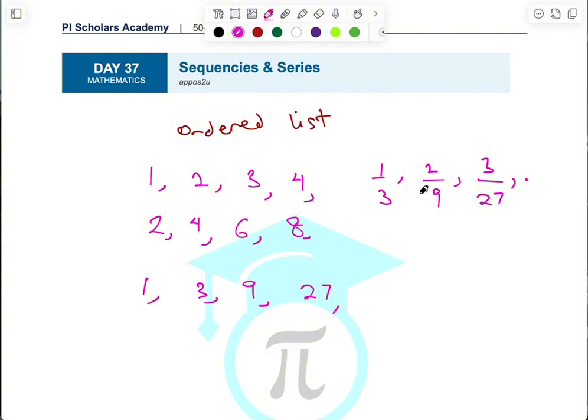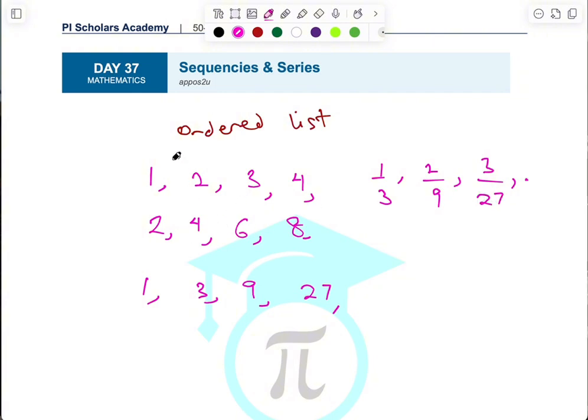What you're going to notice is that the numerator is increasing by 1, but the denominator is being multiplied by 3. 3 times 3 is 9, 9 times 3 is 27. This is 1, 1 plus 1 is 2, 2 plus 1 is 3. I'm not going to be talking too much about these in this class. The only thing I'm going to teach you about them is how to find their nth term formula, because beyond that, you won't be needing it unless you are in a higher institution.